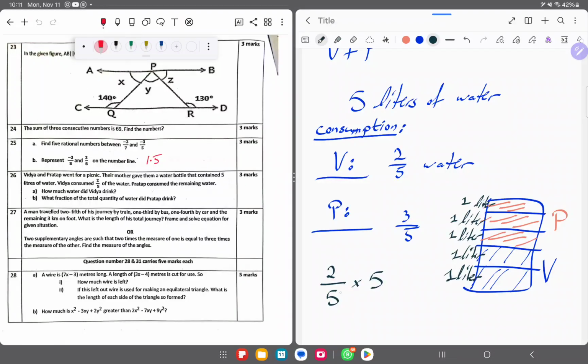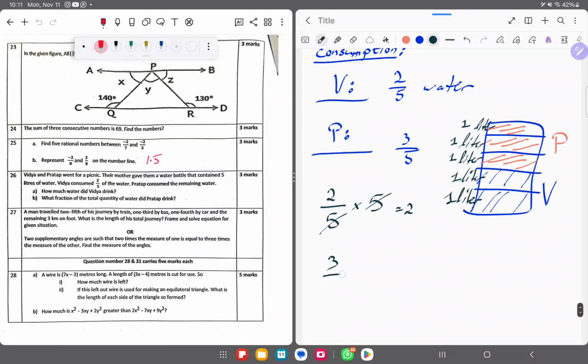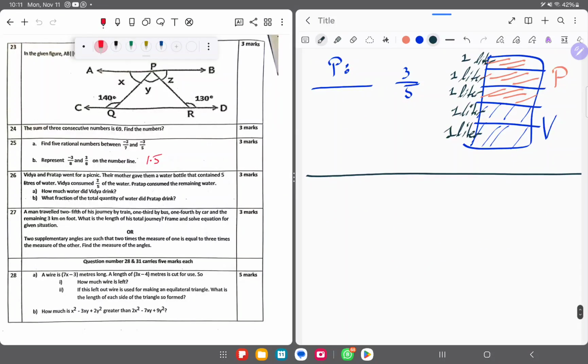2/5 times 5 is 2. You got me? 3/5 times 5. Now you're going to ask me, why is it 2/5 times 5? Okay, come here. The number 2/5 is the ratio, and then 2/5 of the water.